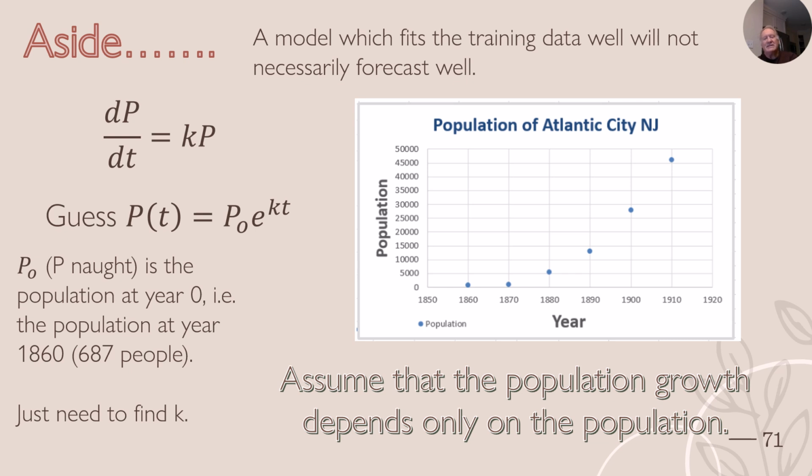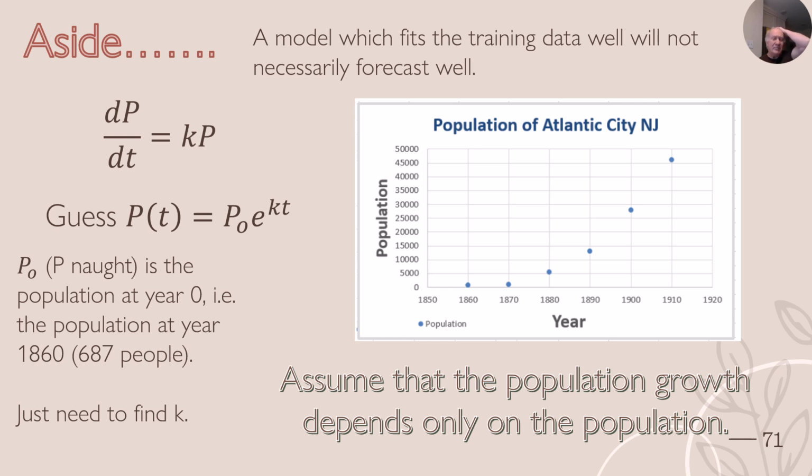What I'm saying is the population is growing exponentially. And P naught, or P zero, is the population at year zero. In this case, in 1860, the population was 687 people.